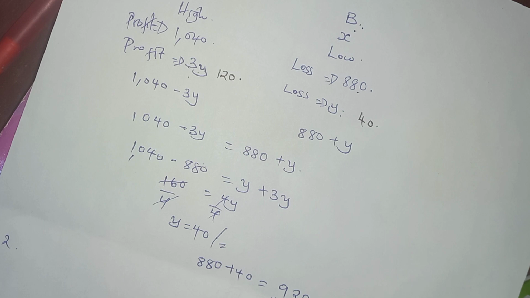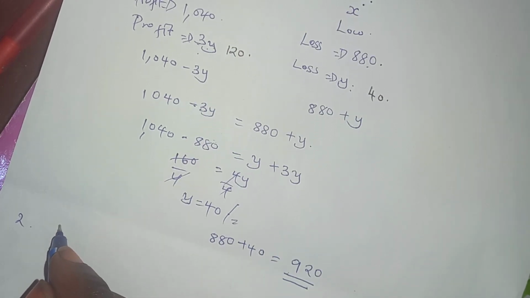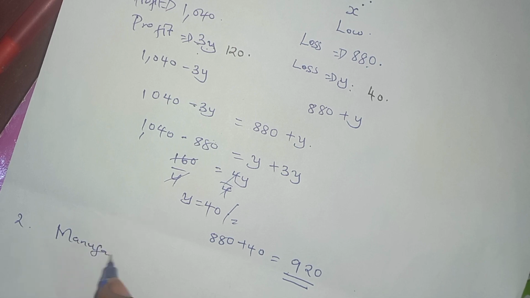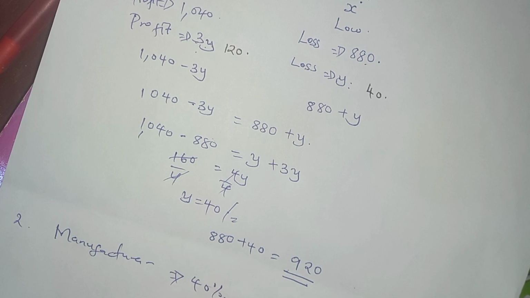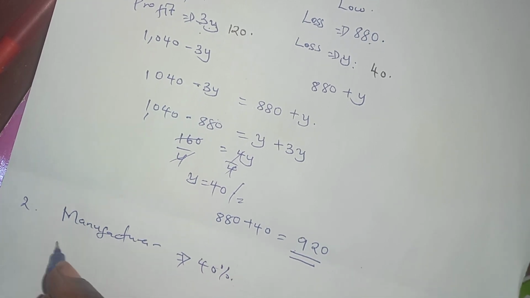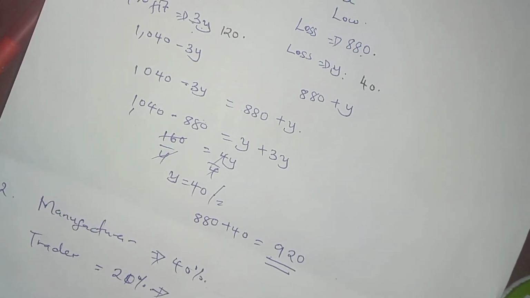So in this question here, we are told that this manufacturer sells a bottle of fruit juice to a trader and makes a profit of 40%. So the manufacturer makes a profit of 40% and the trader also makes a profit of 20% after selling this bottle of fruit juice at 84 shillings.